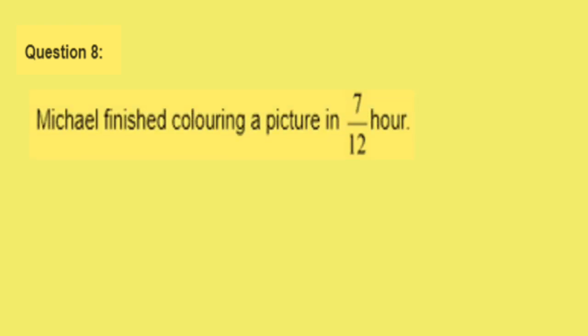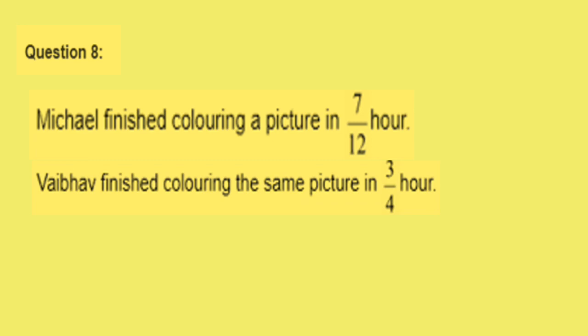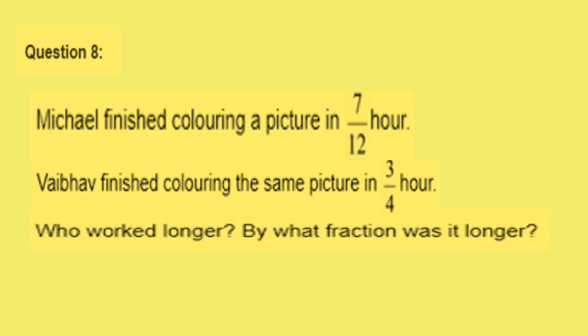Next question, the last one. Michael finished coloring a picture in 7/12 hour. Vaibhav finished coloring the same picture in 3/4 hour. Who worked longer? By what fraction was it longer? Here also they are comparing Michael and Vaibhav.